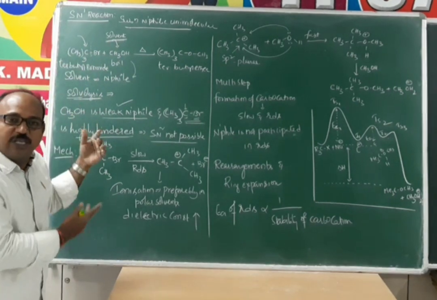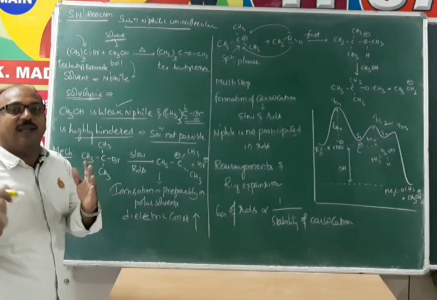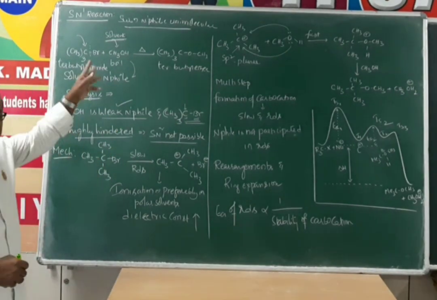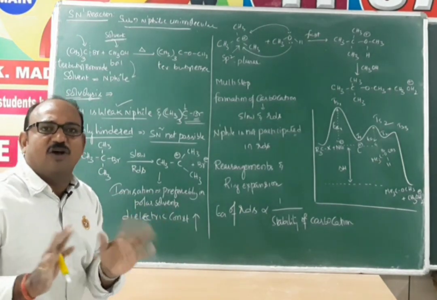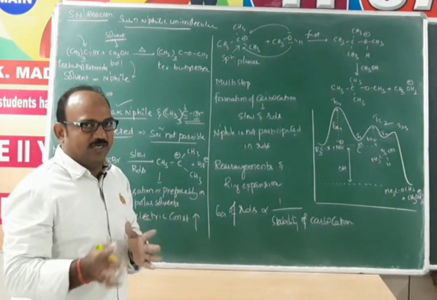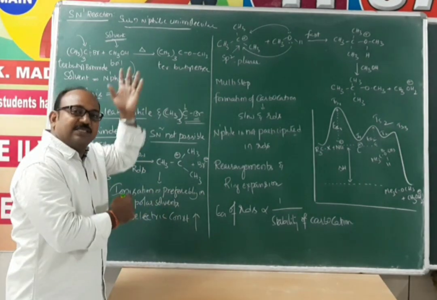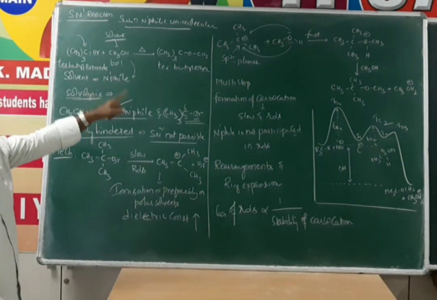But here we are using quite the contrary, a more hindered alkyl halide and a weak nucleophile. So it is opposite. That means here SN1 and SN2 are not in competition. The conditions we need for SN2 are different from the conditions required for the SN1 product.